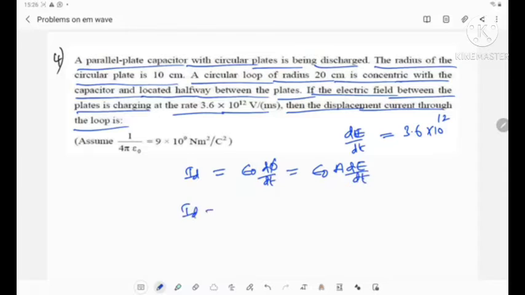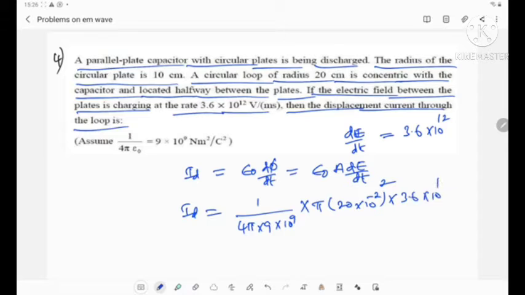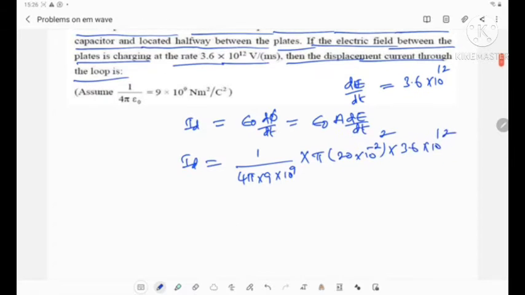This becomes Id is equal to epsilon naught, which is 1 by 4 pi into 9 into 10 to the power of 9. Here area means circular plates, therefore pi r square. R is given as 20 centimeter, 20 into 10 to the power of minus 2 whole square, into dE by dt, which is given as 3.6 into 10 to the power of 12. So after simplification, the final answer is 1 ampere.